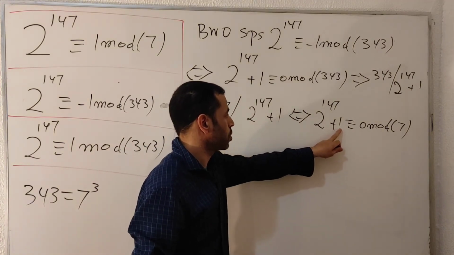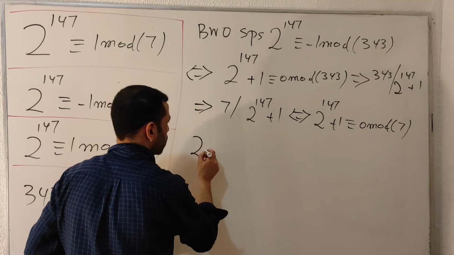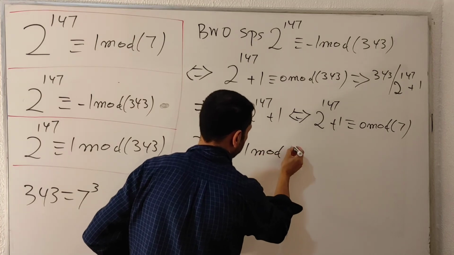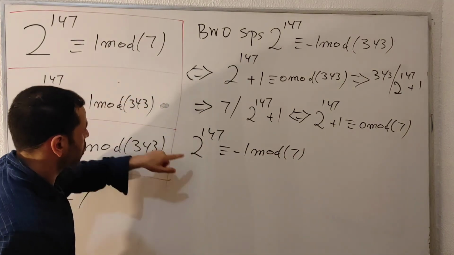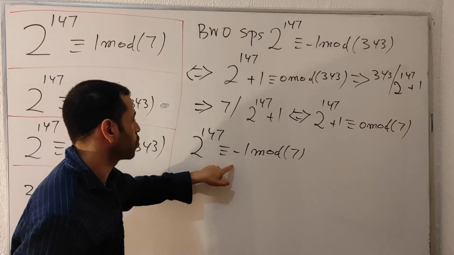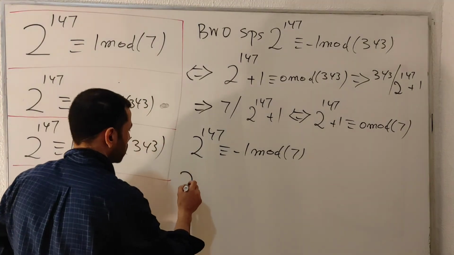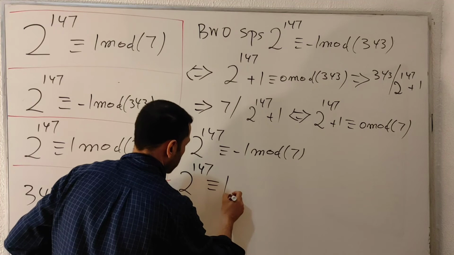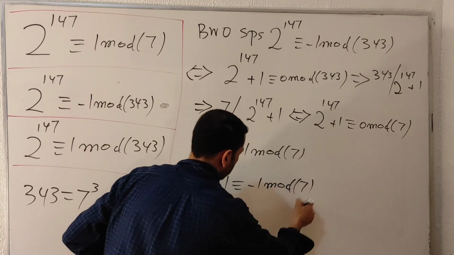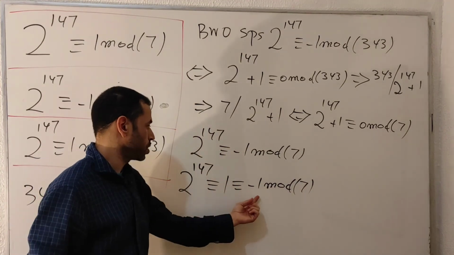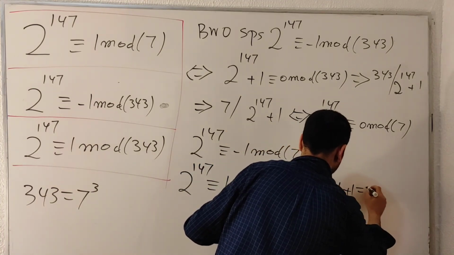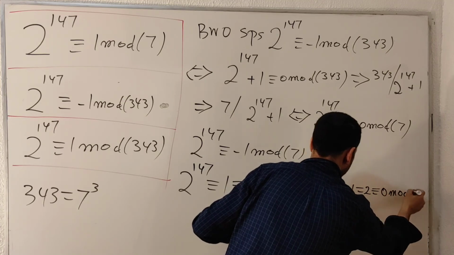Taking the 1 to the right, I get 2^147 congruent to minus 1 mod 7. But by the previous fact, I have 2^147 congruent to 1 mod 7. So 2^147 is congruent to 1 and, at the same time, to minus 1 mod 7. Taking the minus 1 to the left, I have 1 plus 1, which equals 2, congruent to 0 mod 7.